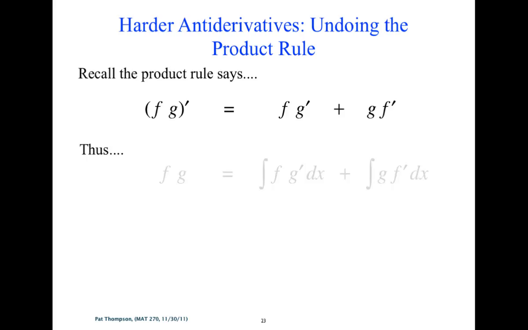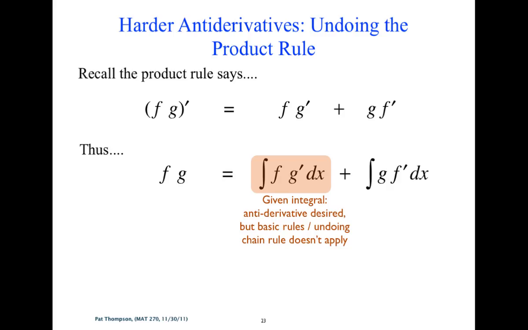So if we thought about antiderivatives here, I could maintain equality by taking the antiderivative of every term. The antiderivative of fg prime plus gf prime is just fg, and then I'd have the antiderivative of fg prime and the antiderivative of gf prime. When we talk about undoing the product rule, it's not that we'll be given a whole sum of two terms like this and be trying to come up with what fg is.